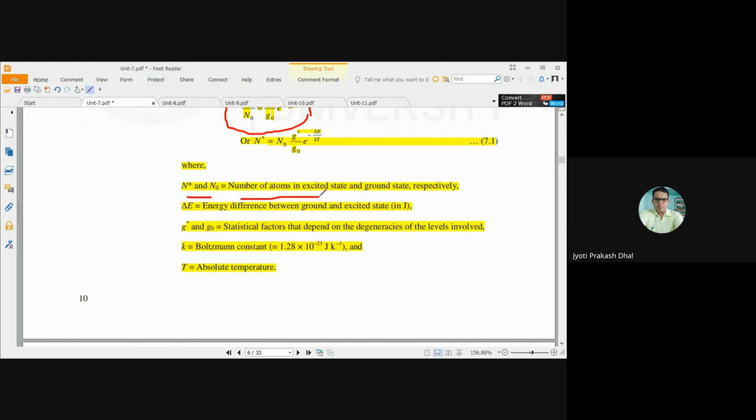Delta E is the energy difference between the two energy levels. G star and g0 are the statistical factors that depend upon the degeneracy of the energy levels. K is the Boltzmann constant, having the value 1.38 into 10 to the power minus 23 joule per Kelvin, and T is the absolute temperature.